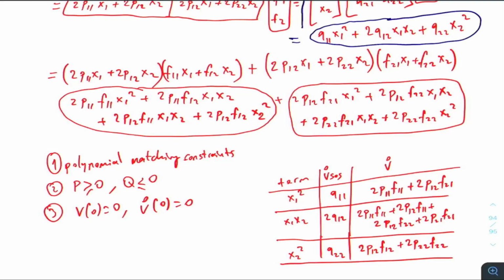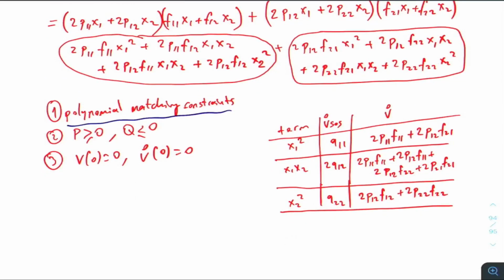So all right, after doing the polynomial matching constraints, and these are the polynomial matching constraints, we are going to also impose the positive definiteness and negative definiteness constraints, or positive semi-definiteness and negative semi-definiteness constraints. And again, remember these constraints as well.